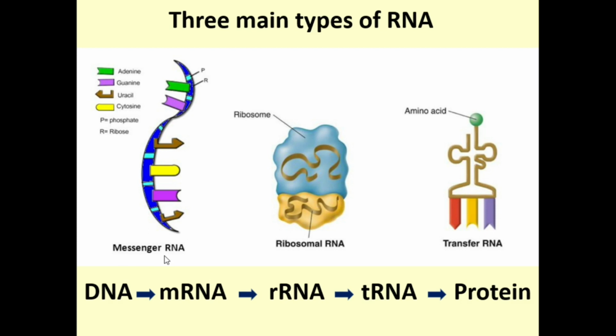And messenger RNA is a short section of RNA that is copied from our DNA. So we have a special enzyme called RNA polymerase that will zip along the gene, so zip along the section of DNA, and as it reads the sequence of nucleotides, it will start producing a matching or corresponding section of messenger RNA.